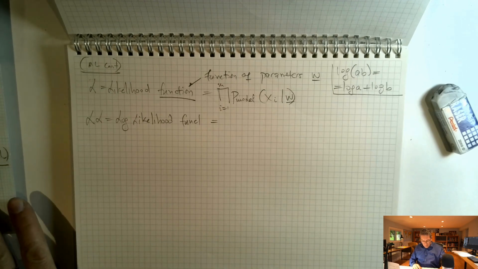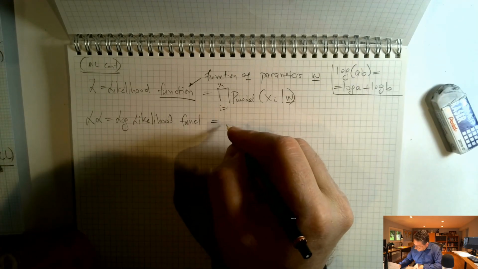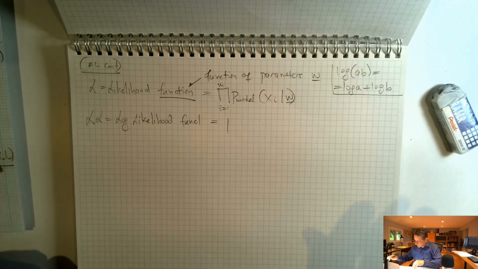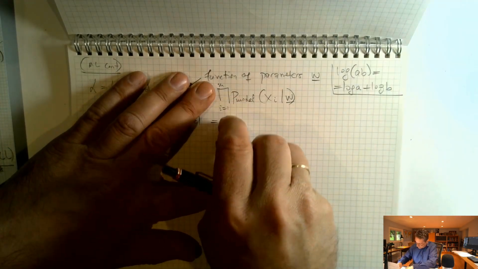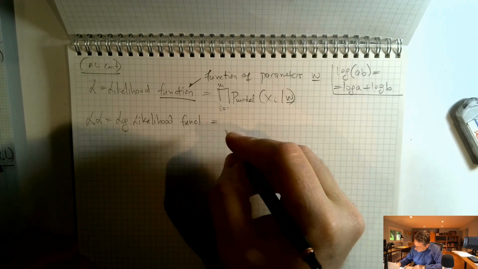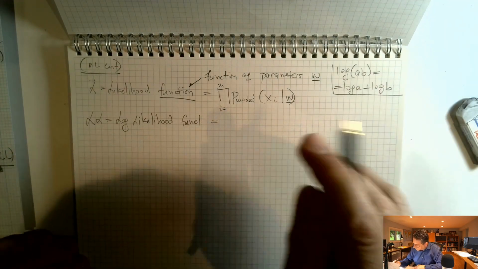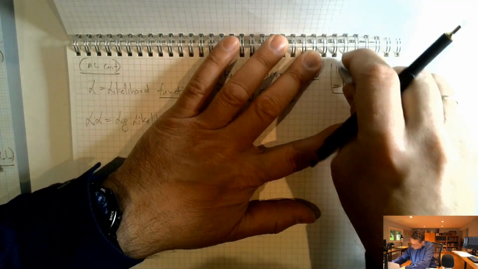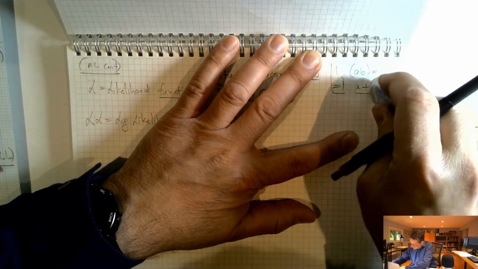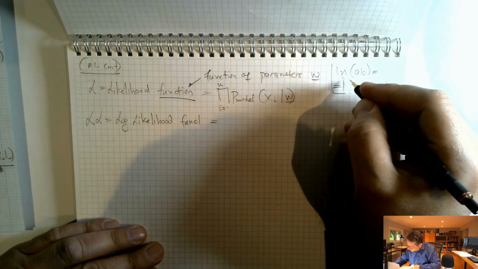So instead of a product over here, we will be having the P model. I'll be using the natural log, but in general it can be any log with any base.